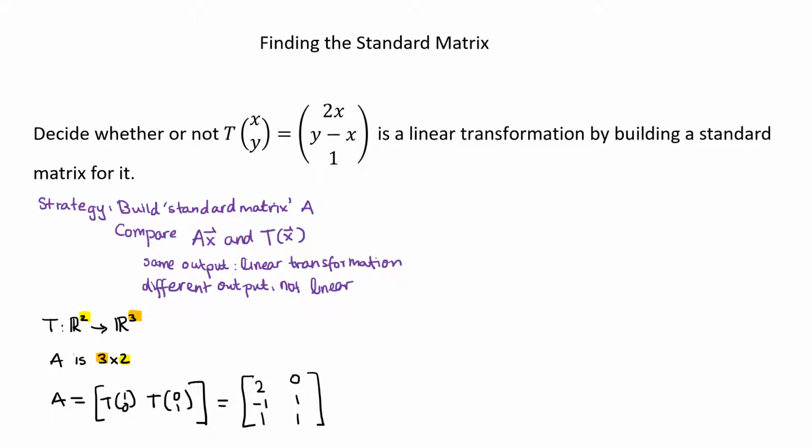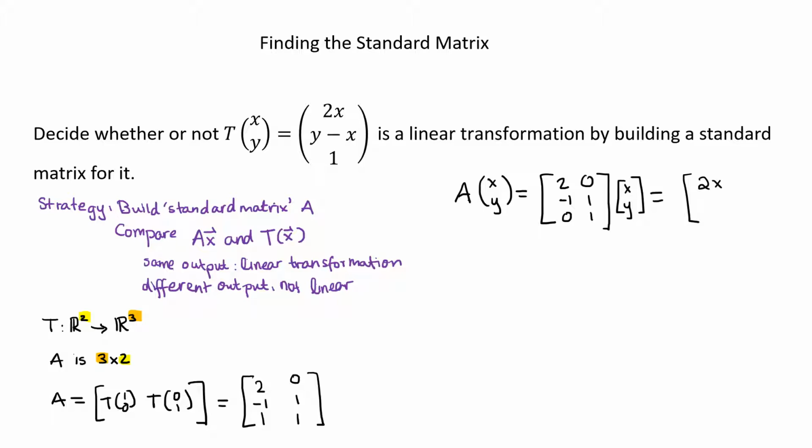We're going to compare A times a vector x with T of x. So A times x, y is given by 2x, negative x plus y, y.